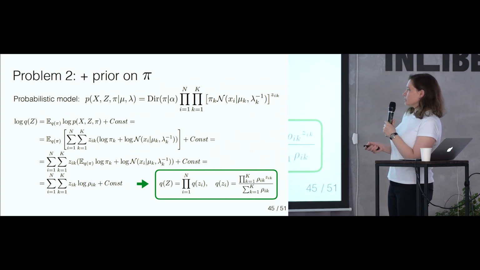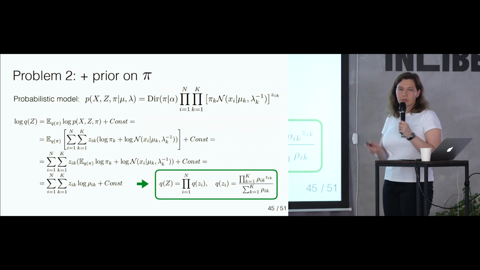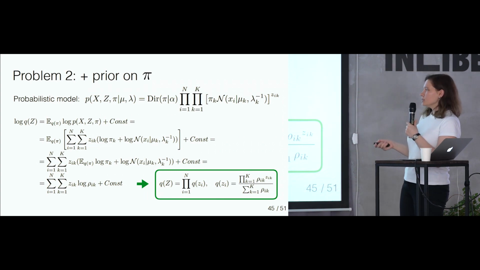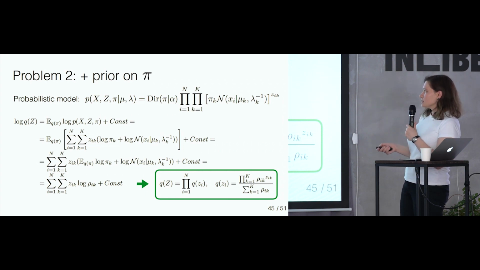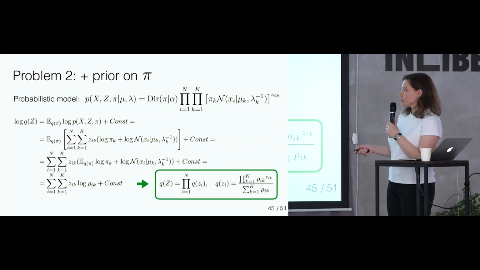So now we see that this is a logarithm of a categorical distribution. Remember, a categorical distribution is a product of some constant to the power of Z. And here is a logarithm, so we have a sum of Z times some constant. Therefore, we say that this part of the equation is a logarithm of rho. So this rho is just how we denote these probabilities.